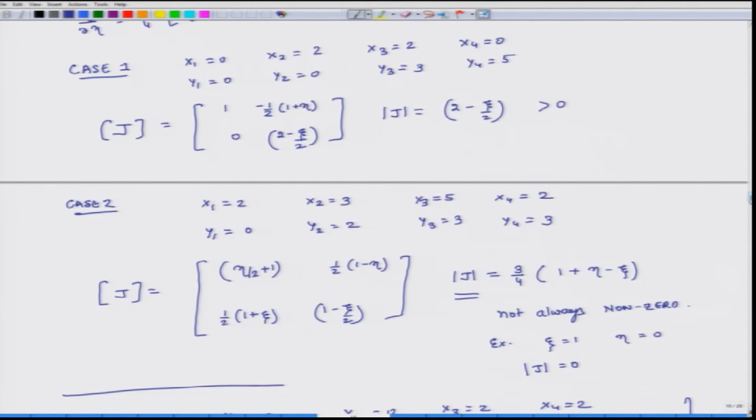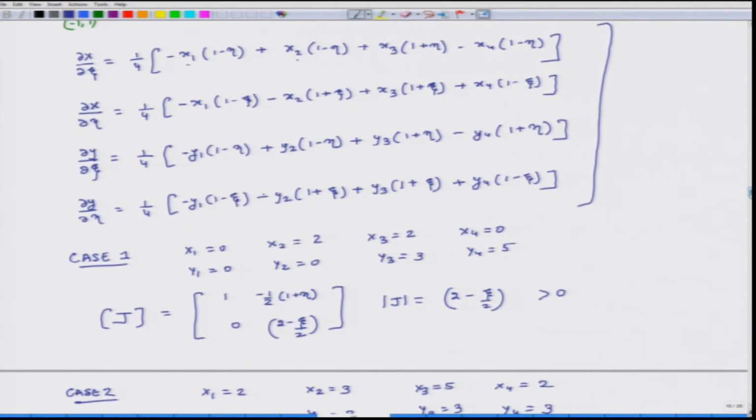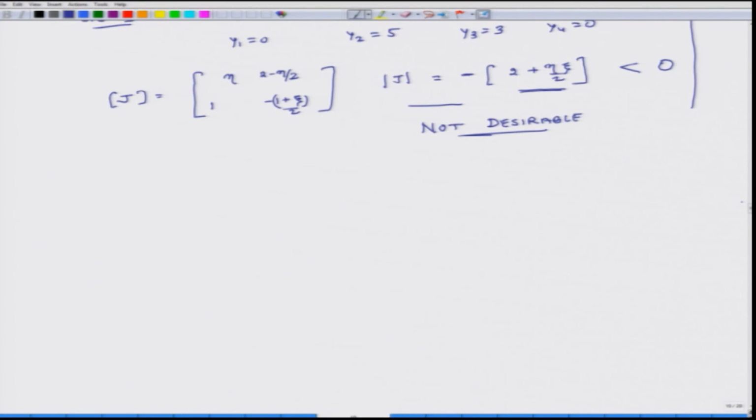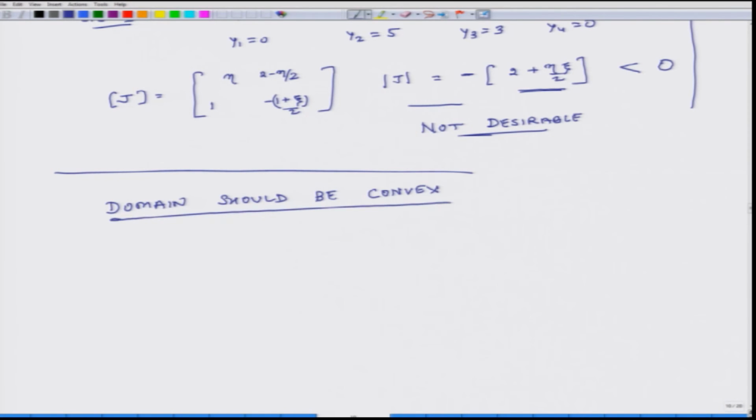So, we cannot compute the K matrix, right, and why is it not invertible? In the first FEA course we had said, and with this we will close the discussion for today, that the domain should be convex. And what was the definition of convex?